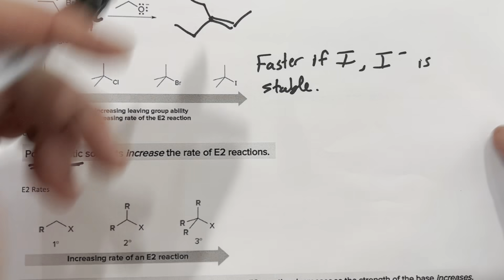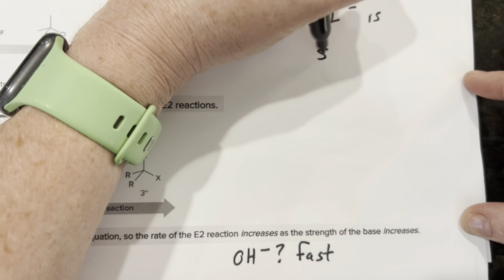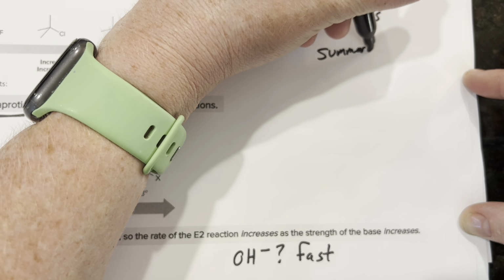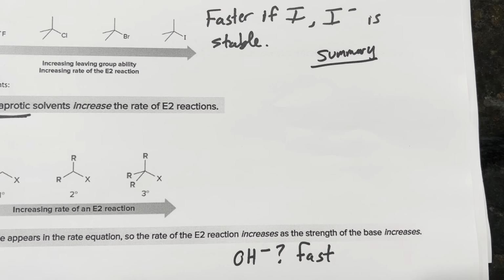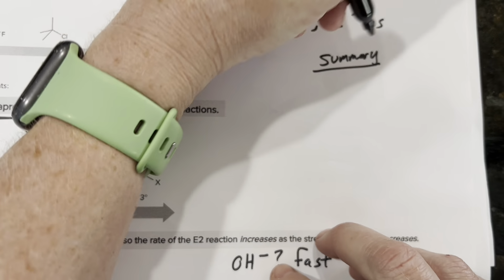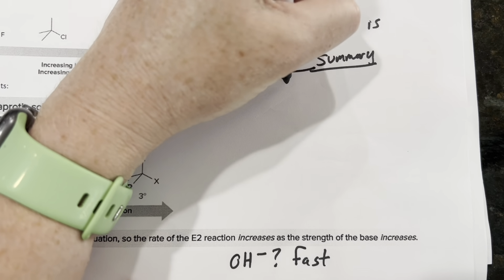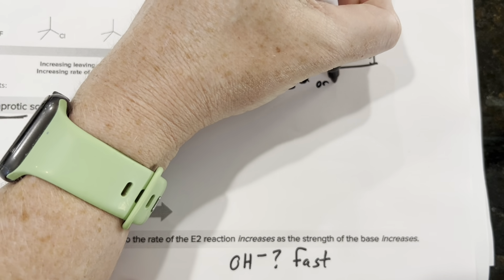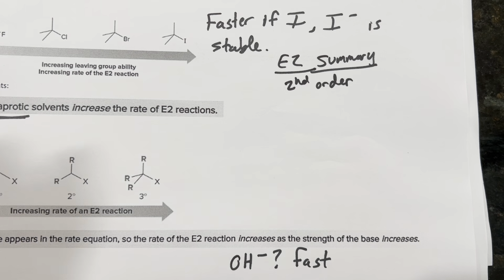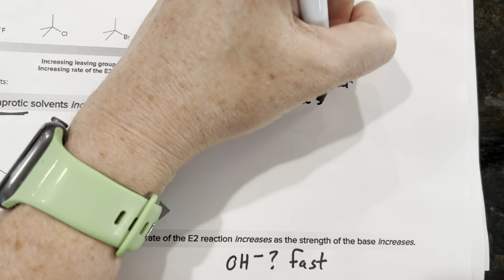All right, so let's go ahead and summarize this. I didn't really write anything here, but I'm going to. So summary. For E2, it's a second order reaction. It's done in one single step.